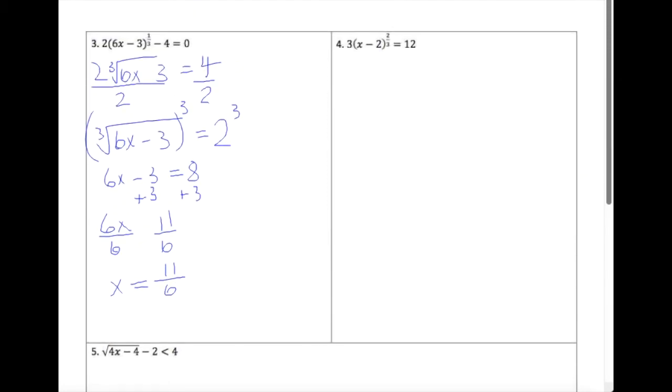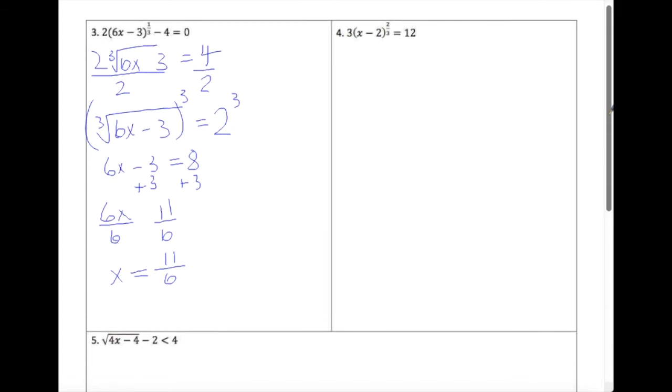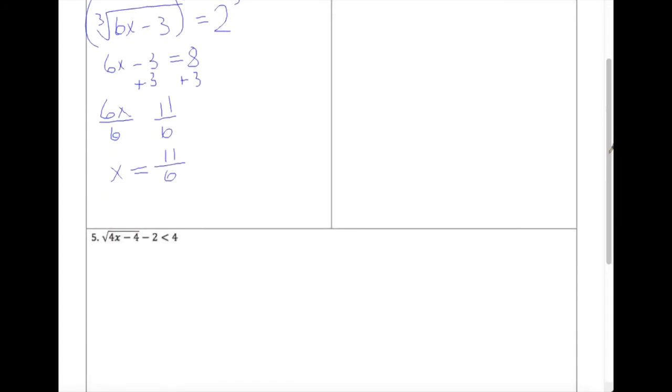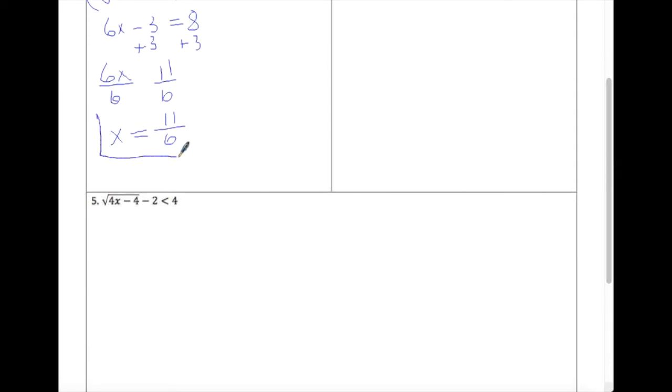Now, it's not a bad idea to check, but when you cube something, it doesn't actually change the domain of the original solution set. So cubing both sides won't result in extraneous solutions, as it turns out. So here, not that it's a bad idea to check, but if you did your algebra right, it should work out. That's for cubing both sides.